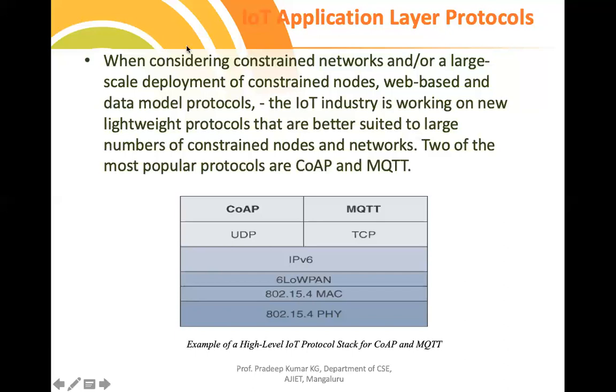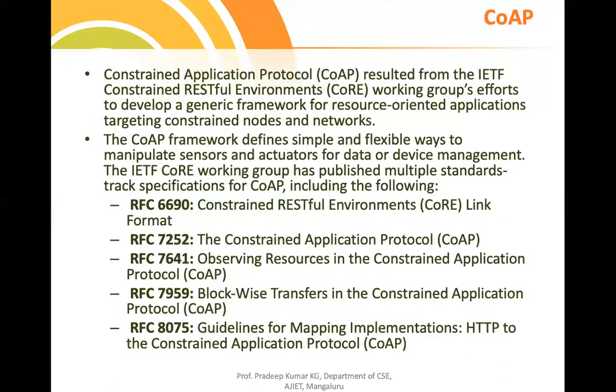So this is the IoT protocol stack for CoAP and MQTT. Both CoAP and MQTT are dedicated IoT application layer protocols. We'll see CoAP in detail. CoAP is nothing but the constrained application protocol. It is for constrained environments, and it resulted from the IETF Constrained RESTful Environments working group, that is CoRE.